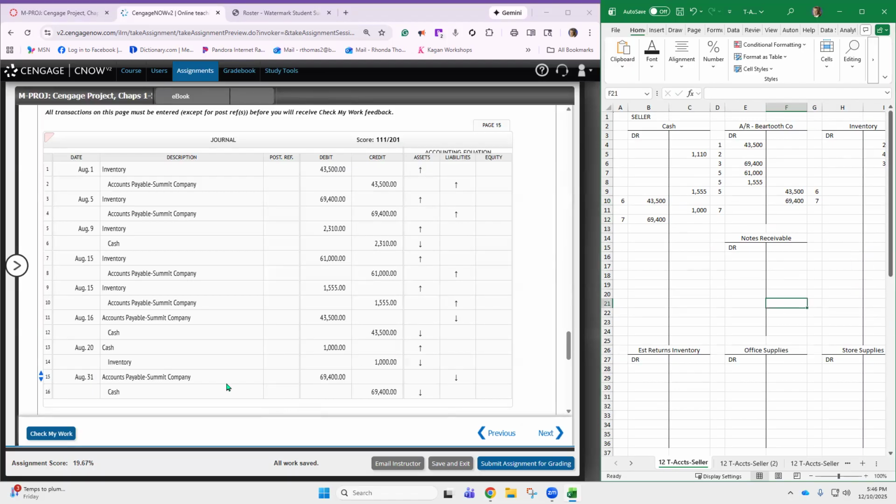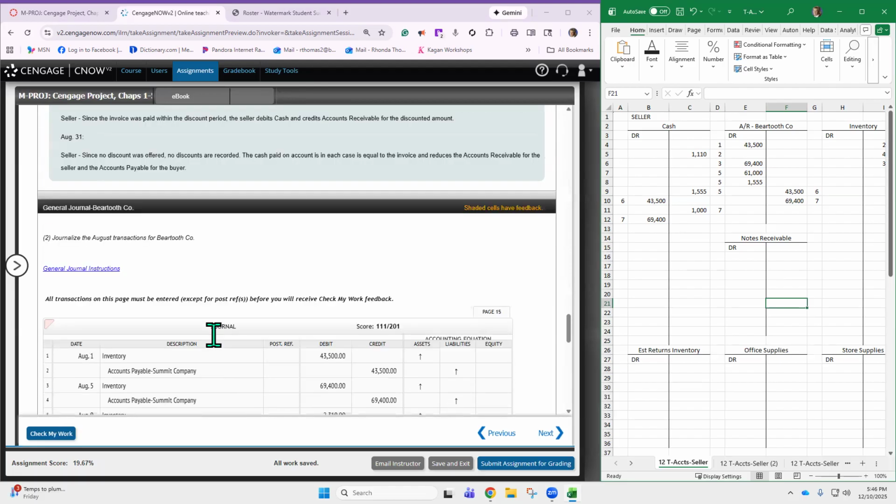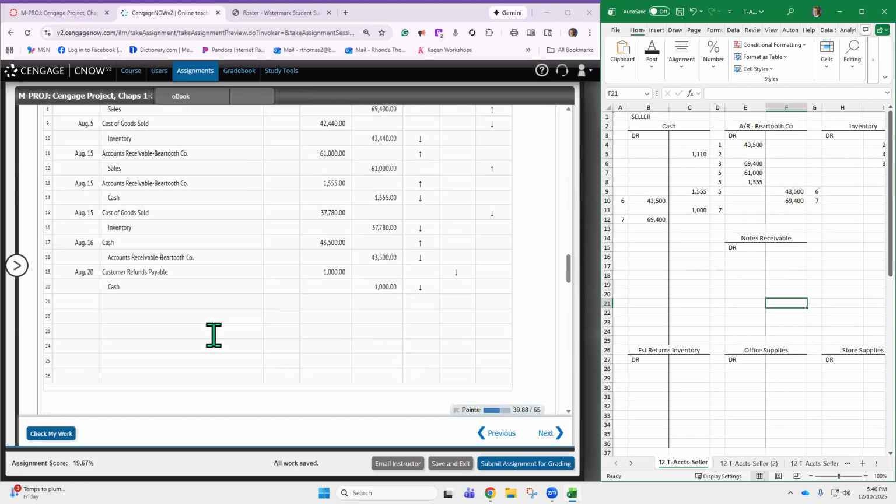Okay, so we want a debit to cash, but we've got to go to the General Journal for the seller. And this is August 31st. So cash is coming in $69,400, and we're going to credit their account for what they're paying for. There is that.